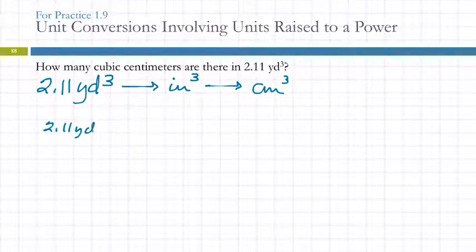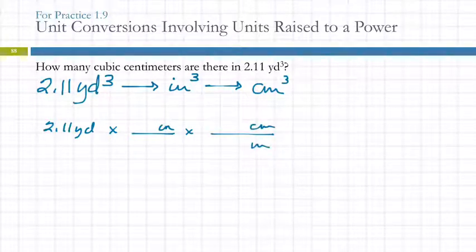So I've got 2 arrows. I have 2 conversion factors. Right now I'm leaving off the 3, and I'm just looking at, I'm going yards to inches to centimeters, and I'm going to get all my units in here so they work out. Got yards over yards, inches over inches.